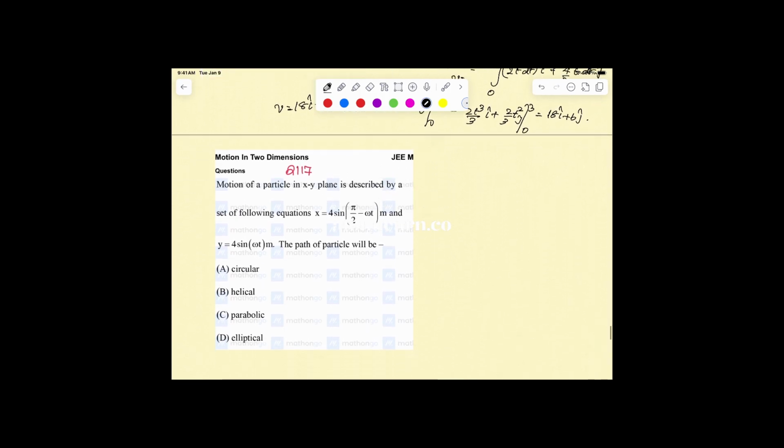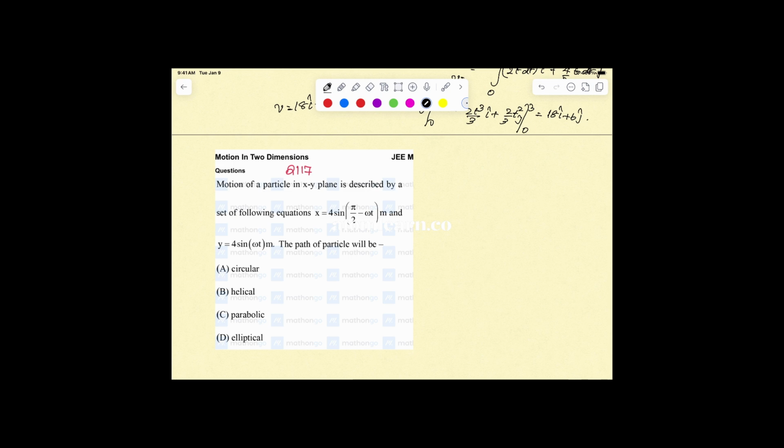Motion of a particle in the xy plane is described by the following equations. All these questions belong to generalized 2D motion on the xy plane. x is equal to 4 into a sine function, y equal to 4 into also a sine function.